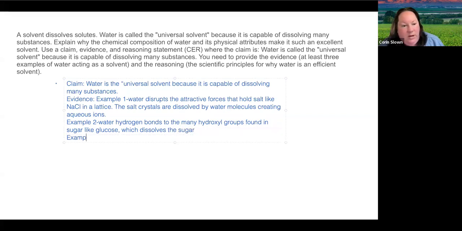And then example 3, phospholipids, like water, because they have polar heads, often carboxylic acids.